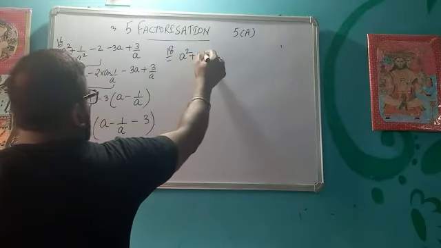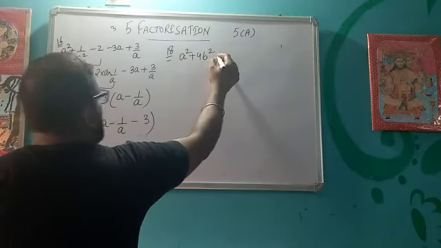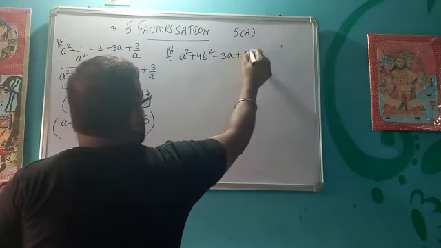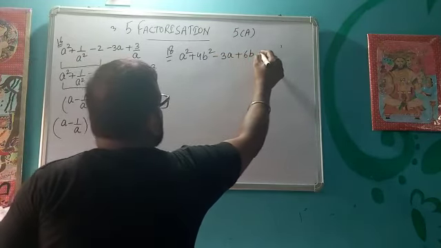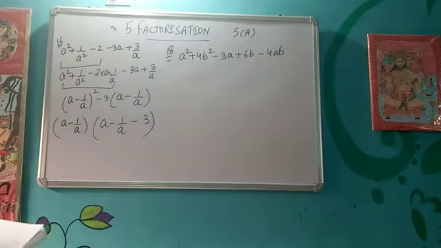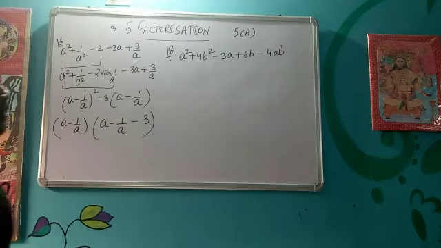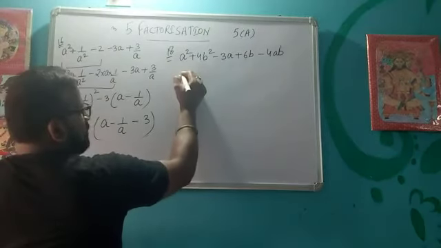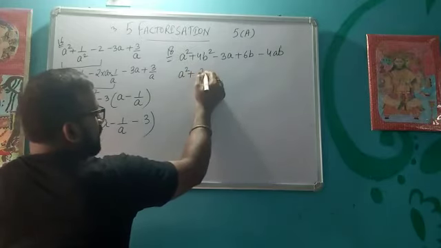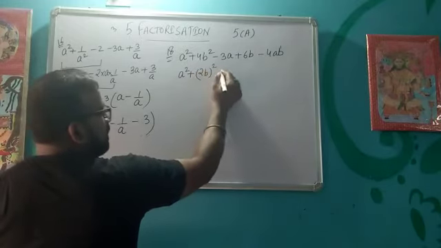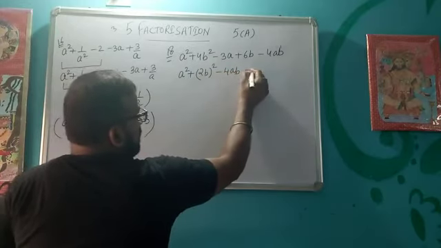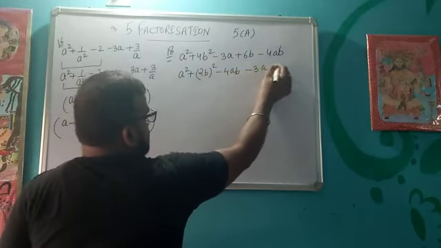A square plus 4b square minus 3a plus 6b minus 4ab. Okay. So if I rearrange these terms, a square plus 4b square, this is minus 4ab, minus 3a plus 6b.